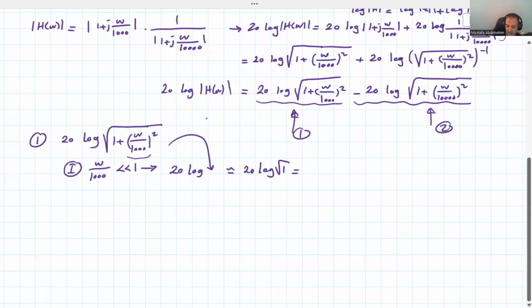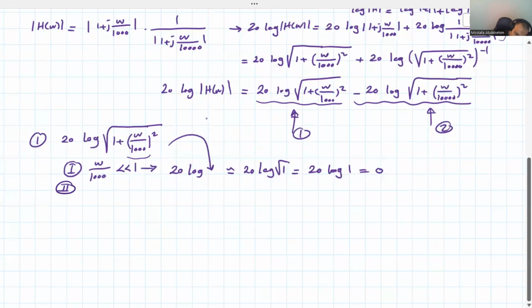We can neglect the omega over 1000 next to the 1. So 20 log square root of 1 is log 1, which is 0. So for all values of omega much less than 1000, the magnitude in dB will be 0.